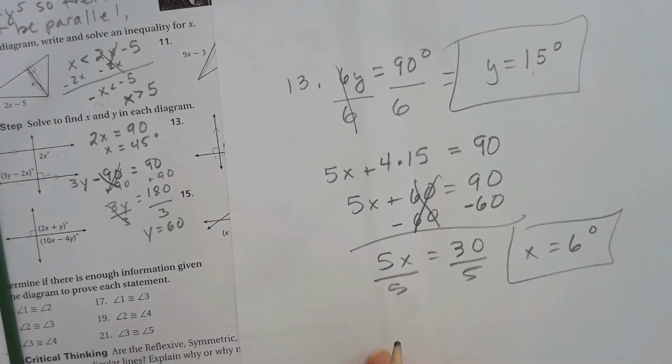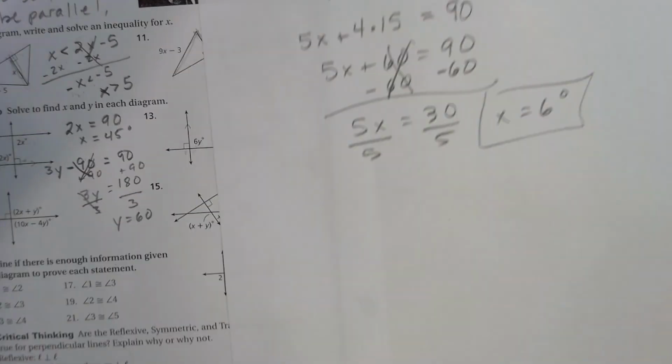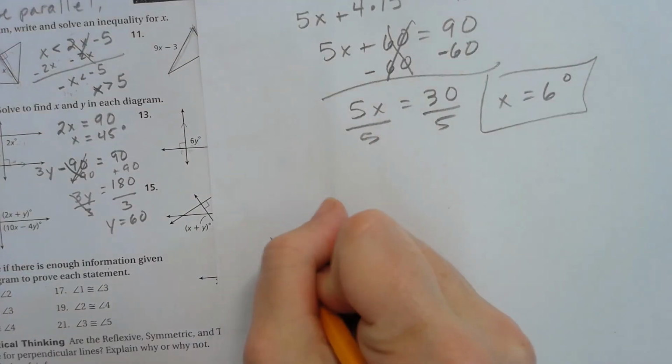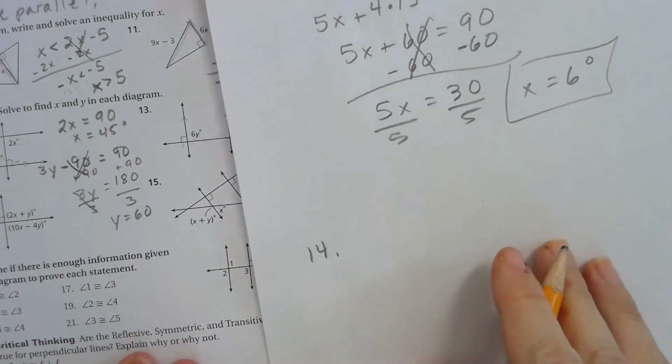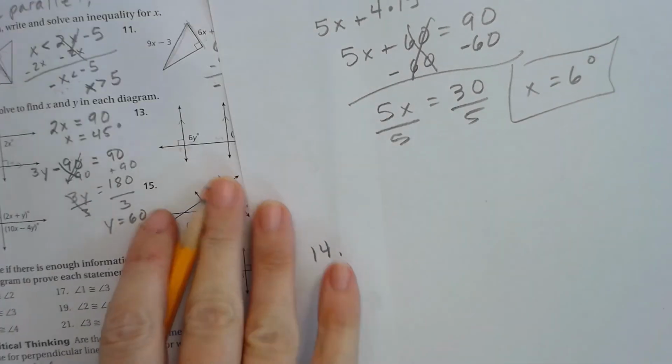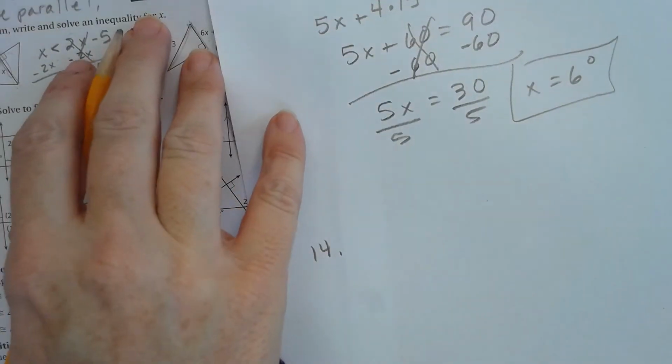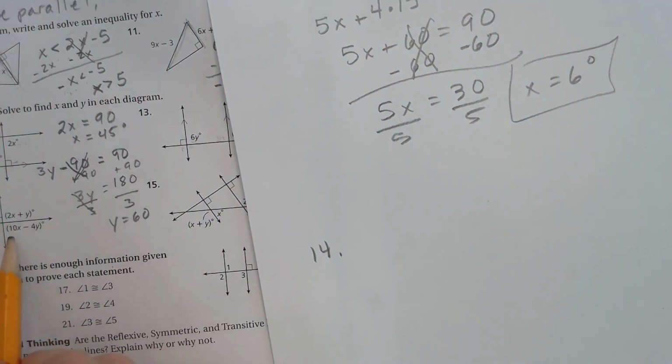14. Okay, so for 14, I'm given 2x plus y, and I'm given that the linear pair of 10x minus 4y is there. I know that this is 90 degrees, so this makes a linear pair, and that is also going to be 90.